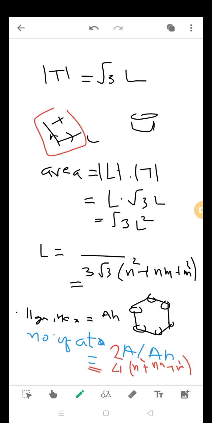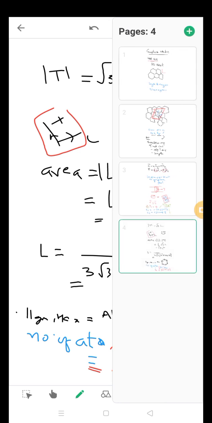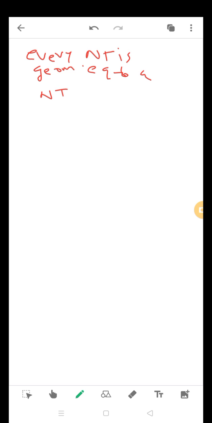And every nanotube is geometrically equivalent to a nanotube where the n and m parameters satisfy 0 less than or equal to m less than or equal to n. That means every nanotube is geometrically equivalent to a nanotube where this condition is satisfied.